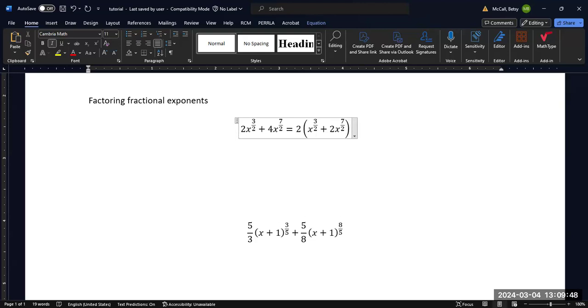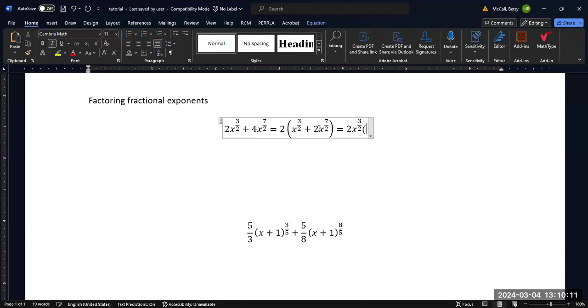Now, the second thing that we should understand is that when we're factoring, we can factor out the smallest degree exponent. So in this case, what we're going to try to do is factor out the x to the 3/2. So 2x to the 3/2.